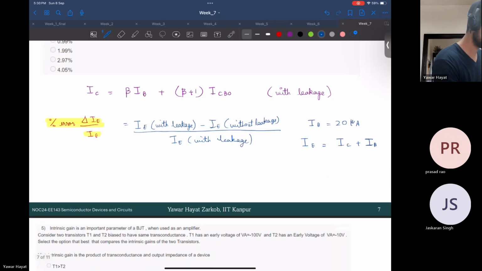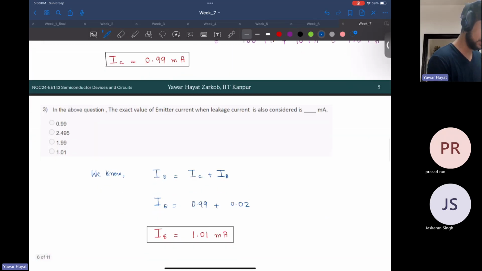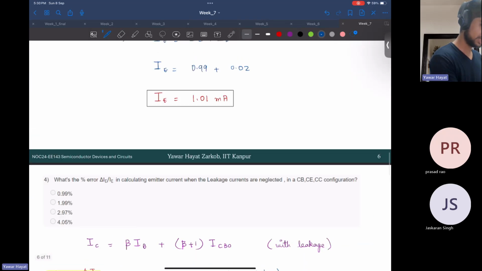See, IE with leakage would be IC plus IB, right? In fact, wait. We have already computed this. IE with leakage is this one.